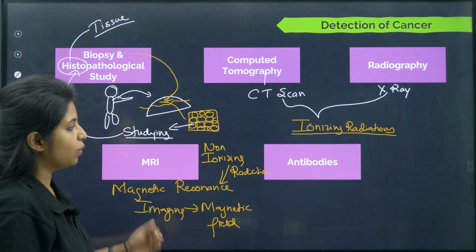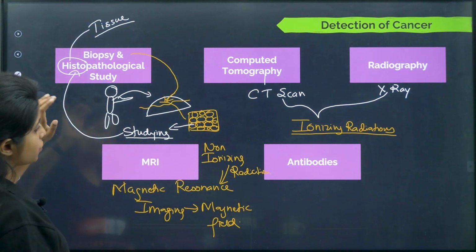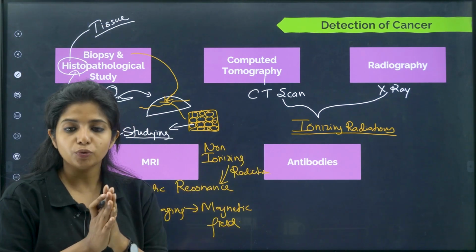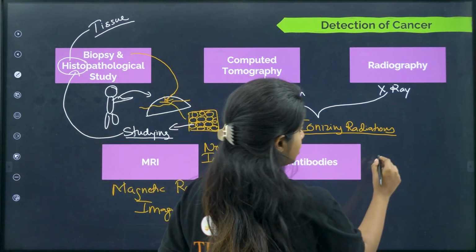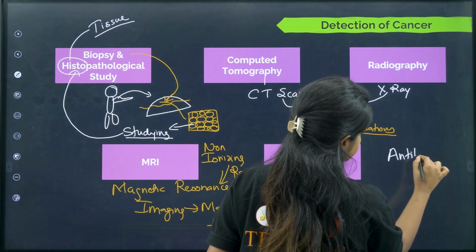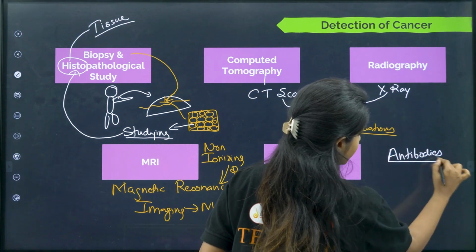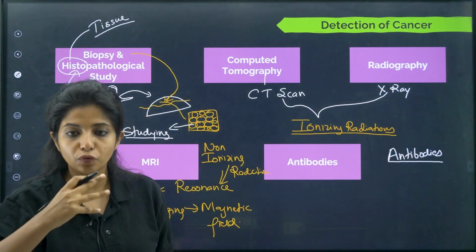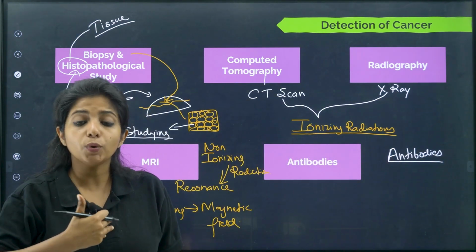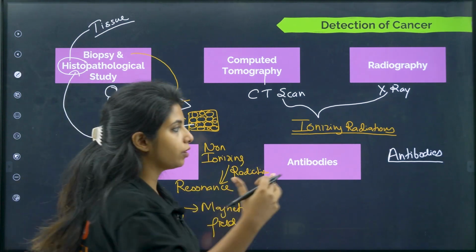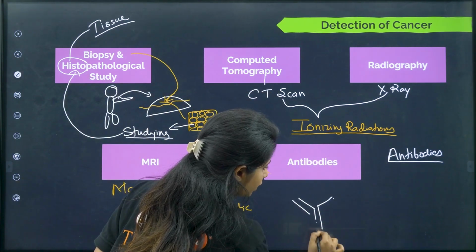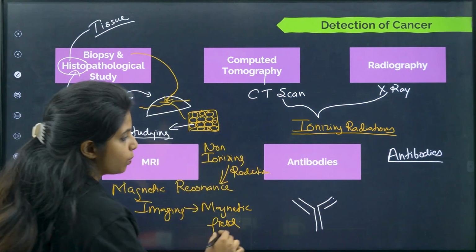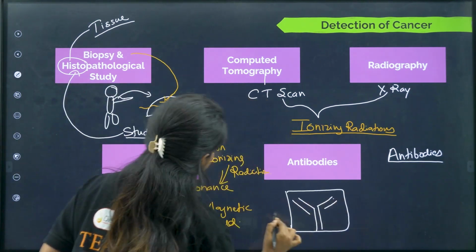Now going ahead, you have antibodies. That is the next way. I told you, every time something gets inside our body, our body will be releasing antibodies specifically for that particular antigen. So I know what antibodies will be released for cancer. I have those antibodies already, specific antibodies.